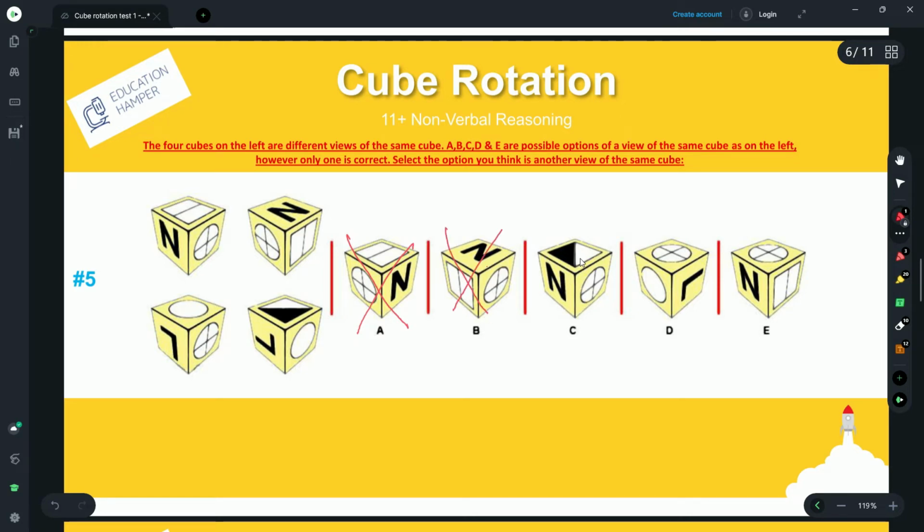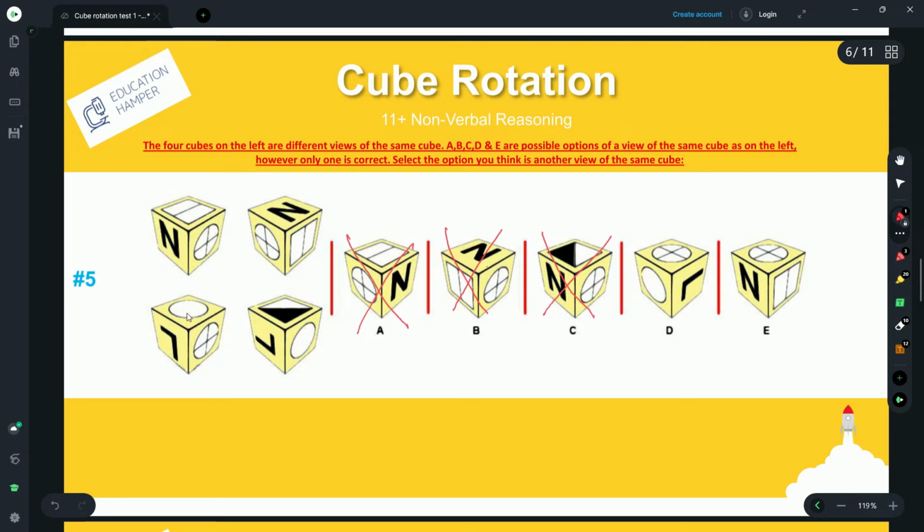Now we have an N, square with a diagonal line and a circle. In any of these shapes, we don't see that. We see the L interconnecting with the diagonal shape and the circle. And this is a plain circle without a cross on it, so we can remove that one. D, we have the side of the L facing the circle with a cross on it, that looks okay.